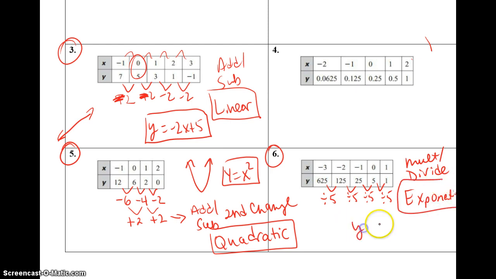And of course, in the equation, you're going to see 5 to the x, so you'll see the x in the exponent. And the graph will look like the J curve. This is division, so you'll end up getting a decay. But you should recognize the growth or decay curves from the graphs.